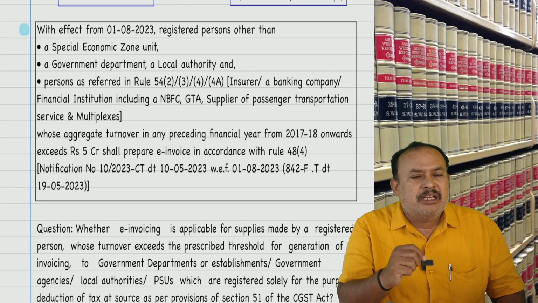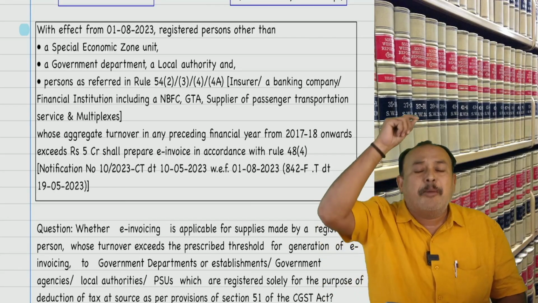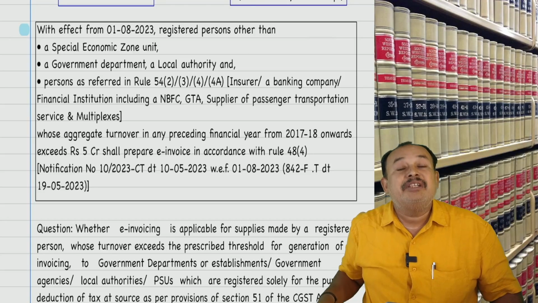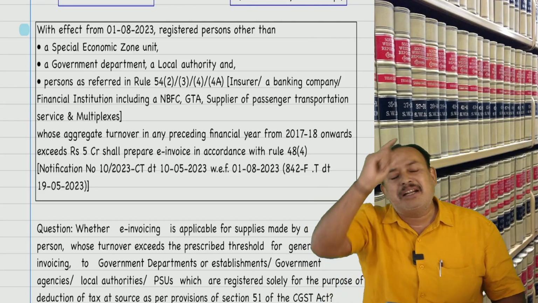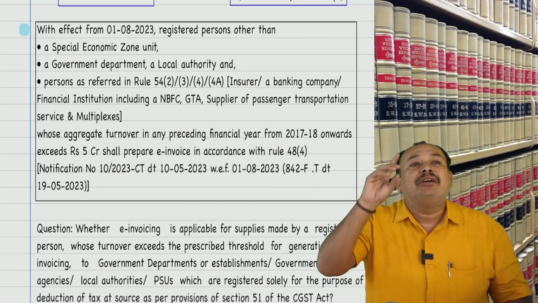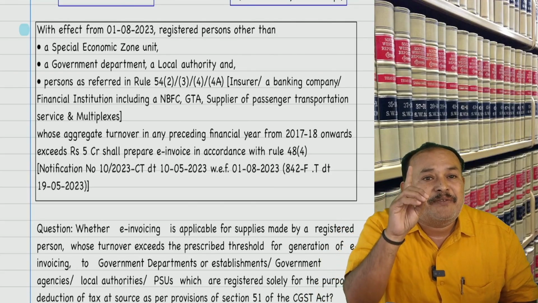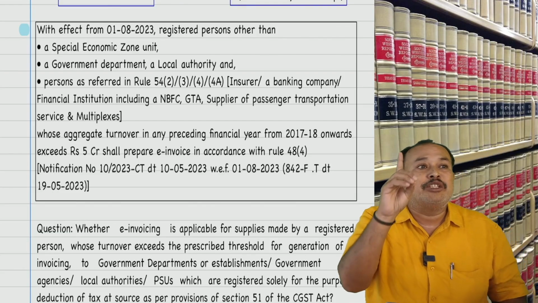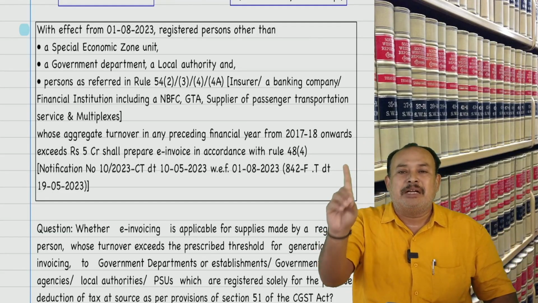Tell me, E-Invoice is applicable if the turnover exceeds dash limit, 5 crores. This does not apply for a class of taxpayer. Tell me, a unit of special economic zone: E-Invoice not applicable.